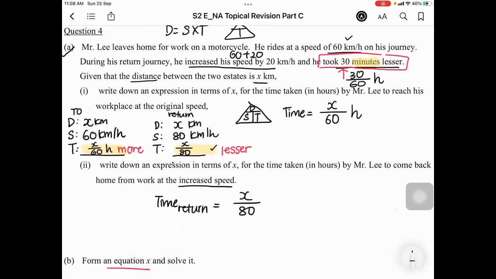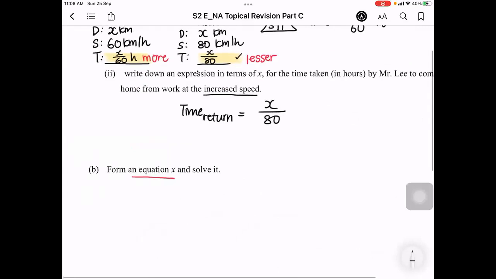Lesser meaning what? So I take the difference, the big minus the small, equals the 30 minutes. Usually difference, big minus small, will be equal to the 30 minutes.